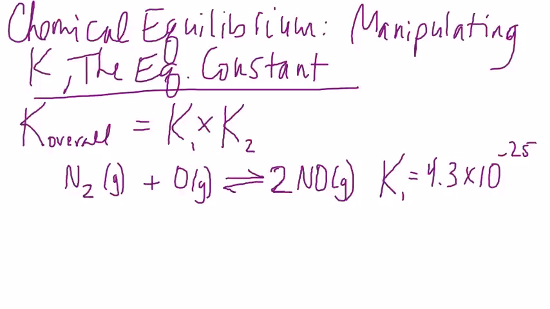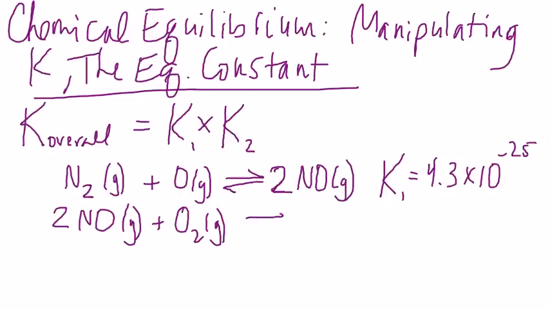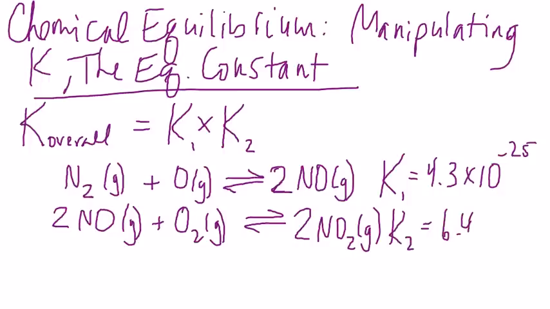And you have a second reaction. Two nitric oxide molecules may actually react with oxygen gas to produce two molecules of NO2, nitrogen dioxide. And the equilibrium constant for this reaction is 6.4 times 10 to the 9.